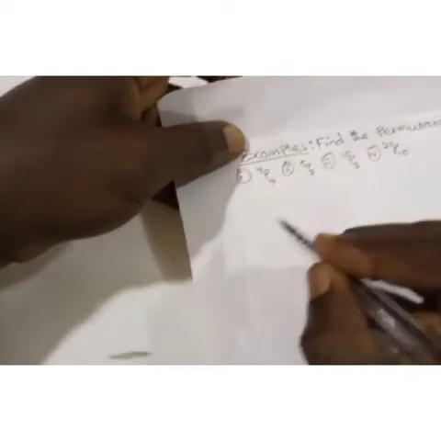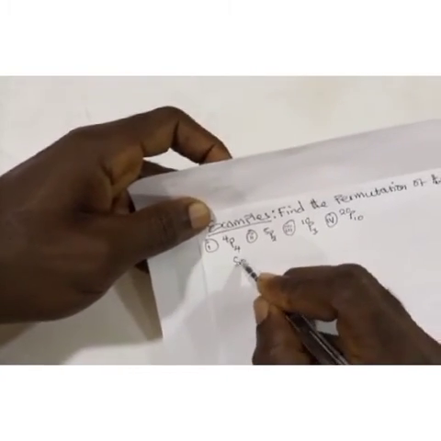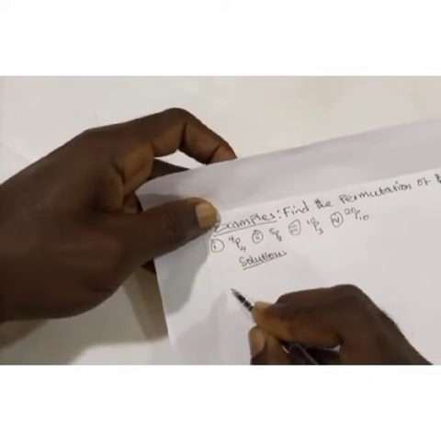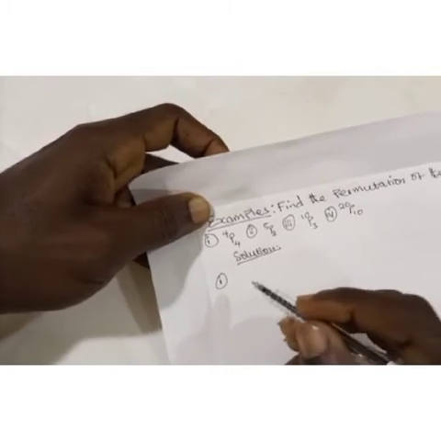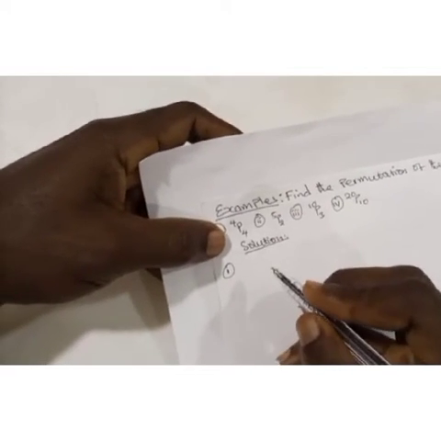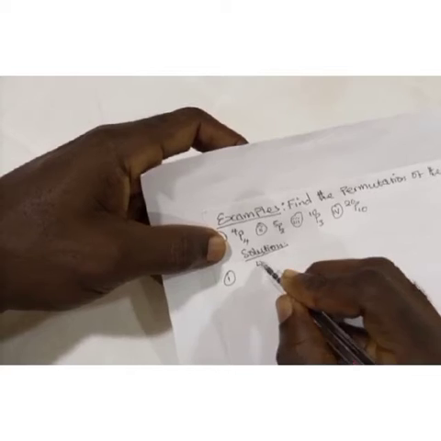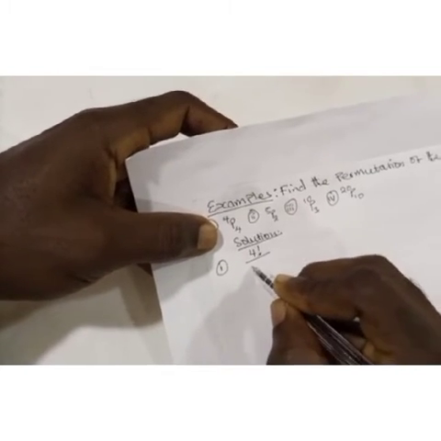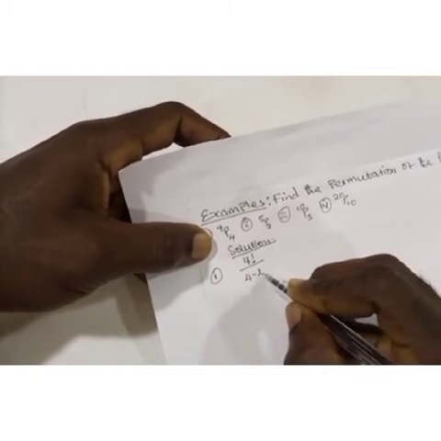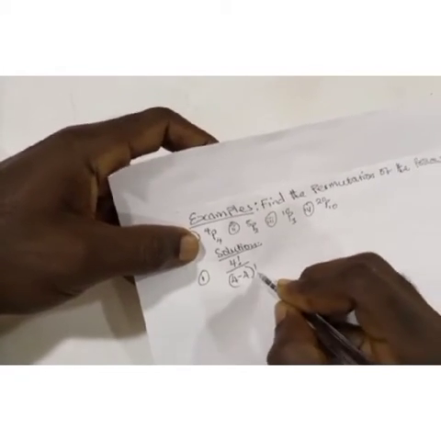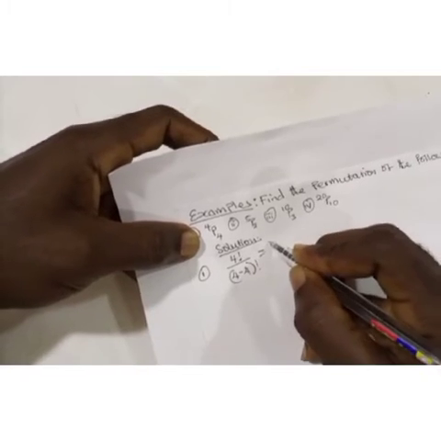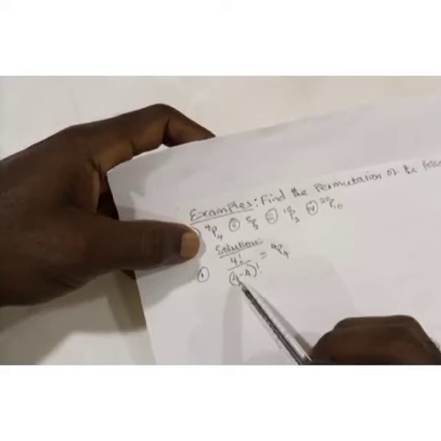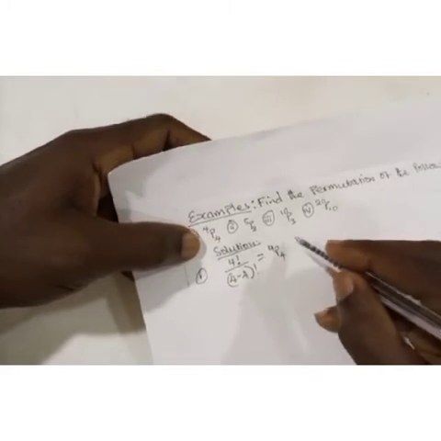So here we look at the solution, and the one now we say 4 permutation 4. 4 permutation 4 is 4 factorial all over 4 minus 4 factorial.